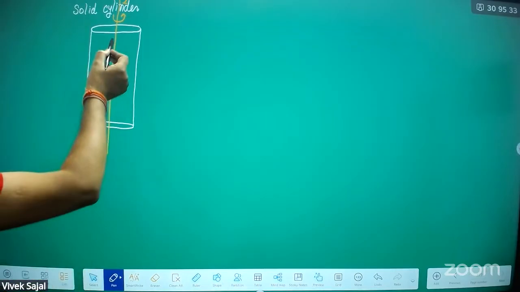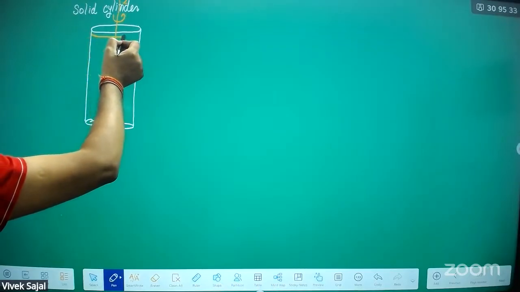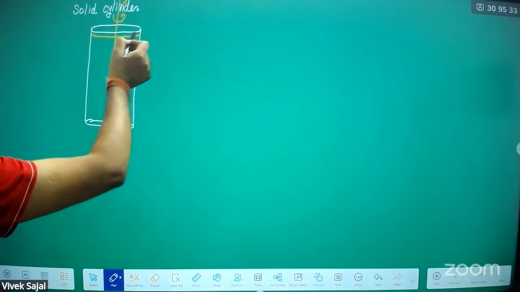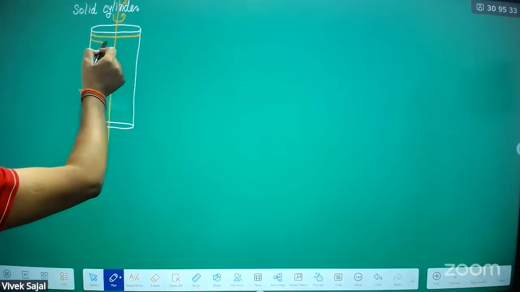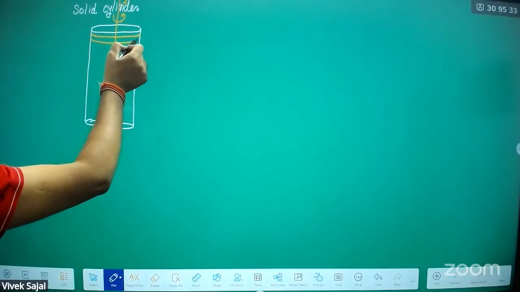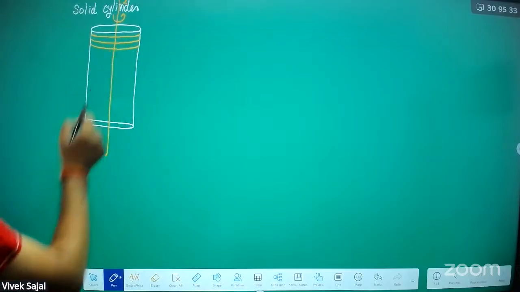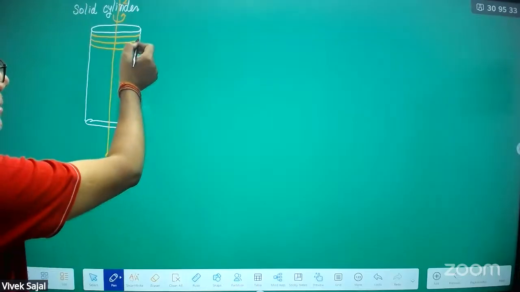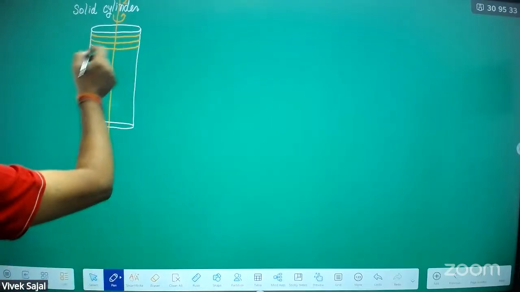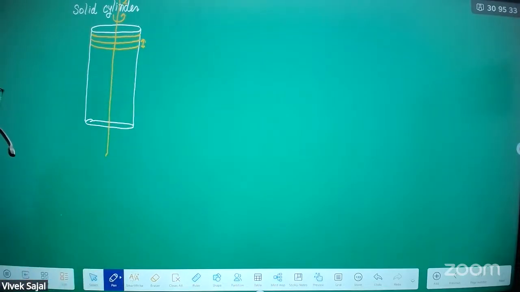You can consider that this cylinder is made up of a large number, or infinite number, of discs. This is one disc, this will be the second disc, this will be the third disc, like this. I consider this thickness infinitely small, so that this dimension is negligible.